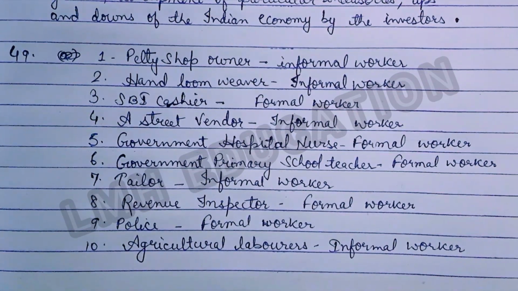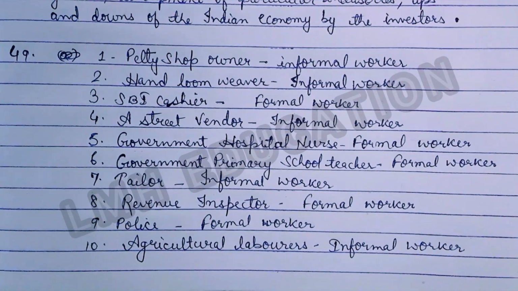Next is revenue inspector, formal worker. Police, formal worker. And the last one, question number 10, agricultural laborers, that is informal worker. In this way, your answers of model question paper 1 of economics have been completed.